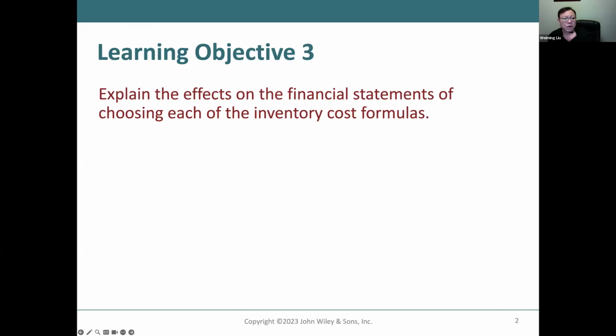The third learning objective is to explain the effects on the financial statements of choosing each inventory cost formula. We just learned that there are three inventory cost formulas: specific identification, FIFO, which means first in, first out, and average cost.